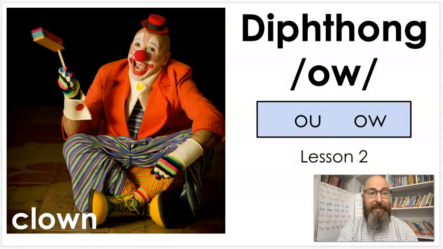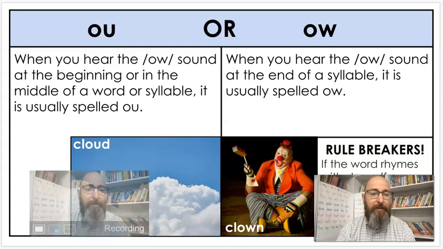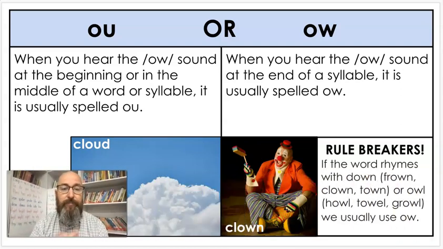Now, the question is, when do we use which one? How do I know? Am I using OU or OW when I'm writing? And there are some rules, and there's also some rule breakers. I'm going to slide myself over here. And let's go over the rules, like when do we use OU or OW?